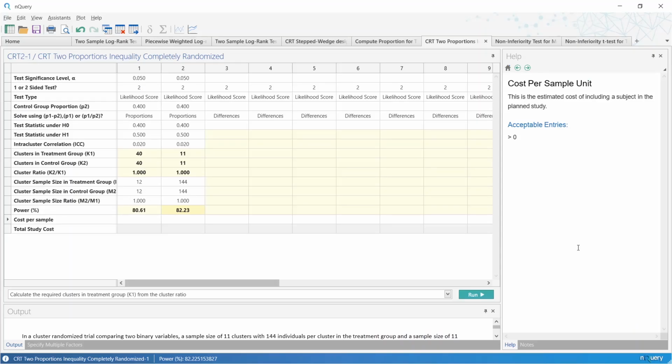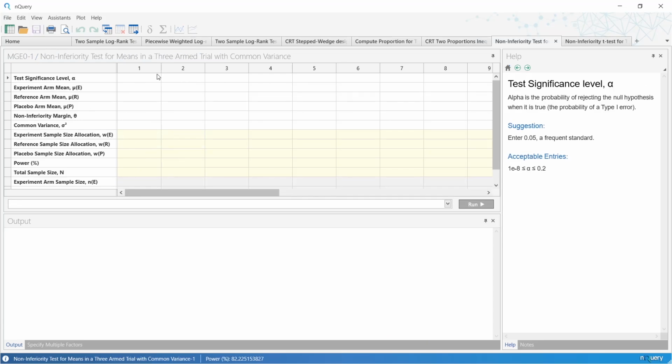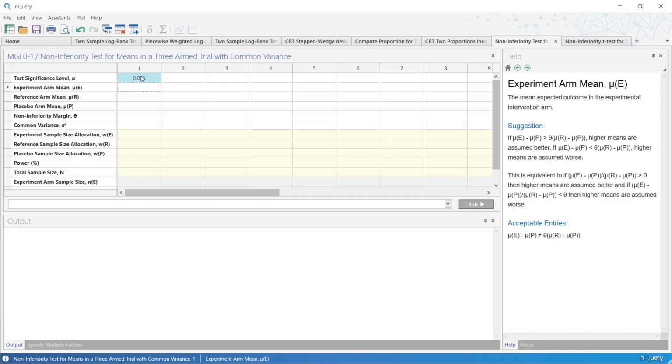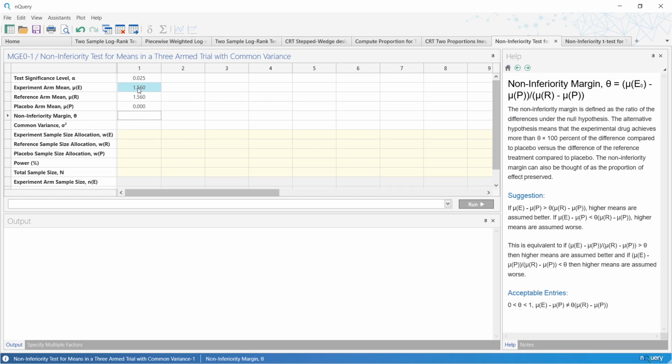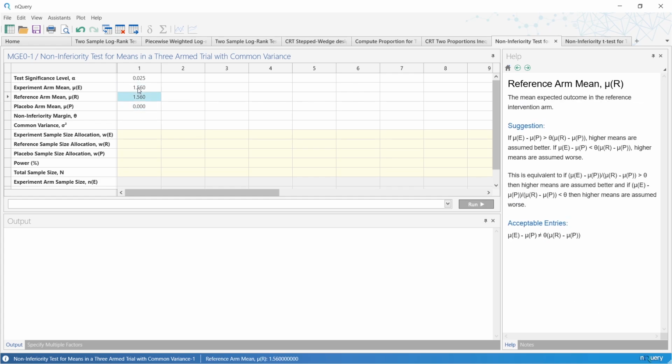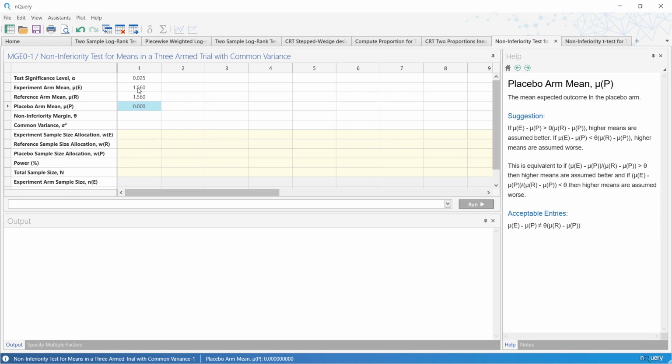So with nQuery, this is actually relatively easy. We just have our significance level of 0.025. And note that they say two-sided confidence interval of 0.05. Non-inferiority hypotheses are really at the one-sided level, so I have that here, just if you're interested. We said 1.56% for experiment and reference, and a placebo arm of 0. These are technically really the differences from placebo, but for practical purposes, for the means hypothesis, that doesn't make a difference.